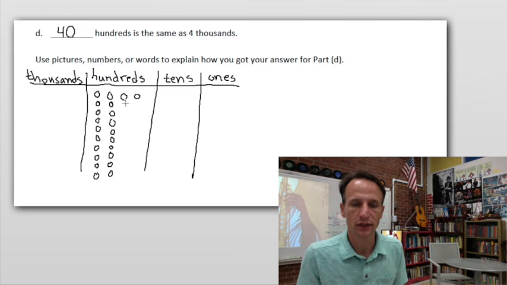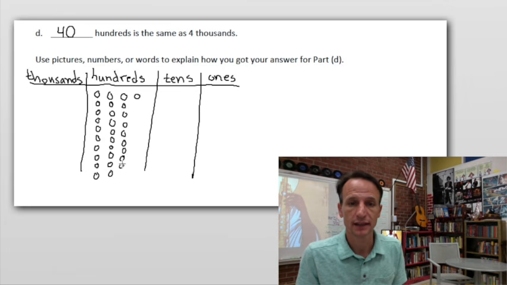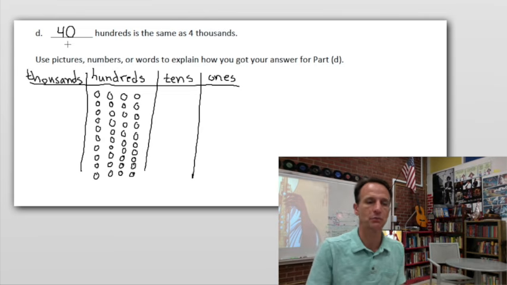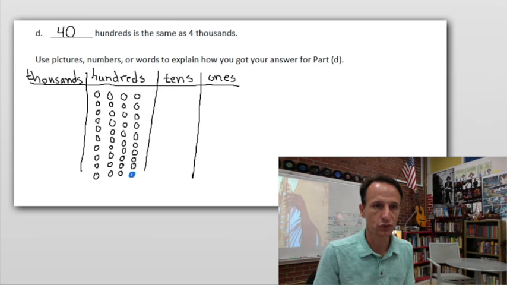And then we'll multiply this one by 10. There's one there, 2, 3, 4, 5, 6, 7, 8, 9, and 10. And lastly, there's one there, so 2, 3, 4, 5, 6, 7, 8, 9, 10. And there are the aforementioned 40 hundreds now.